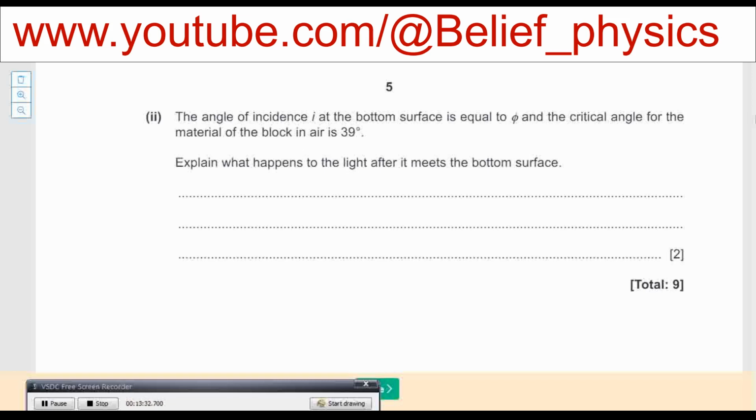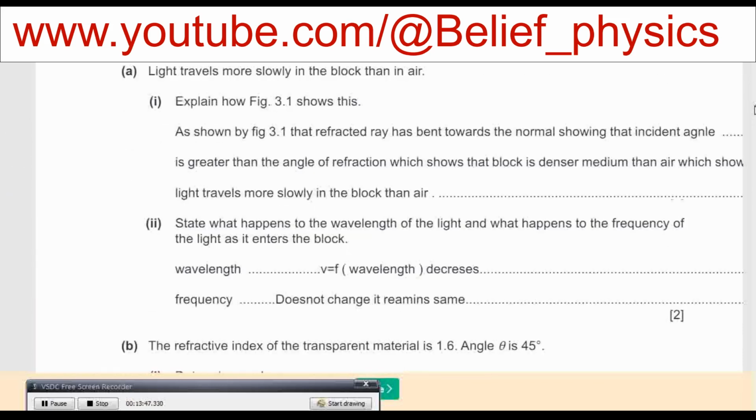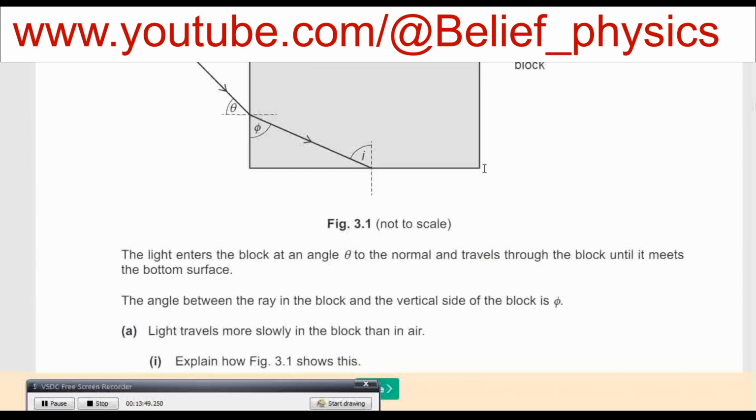Since this is a denser medium, when the ray emerges out, it will bend away from the normal.